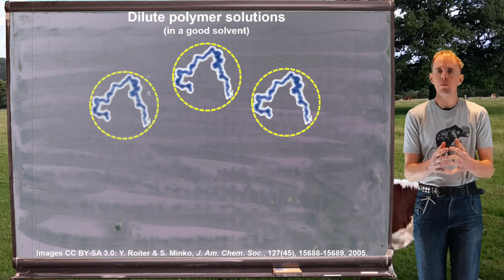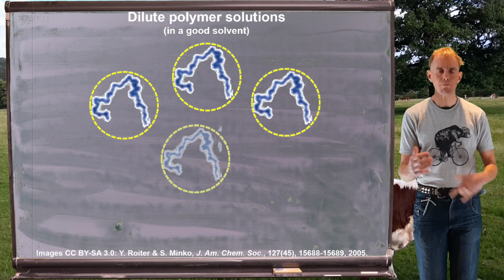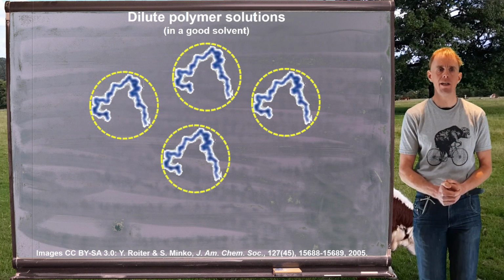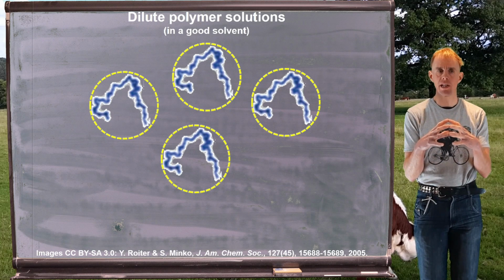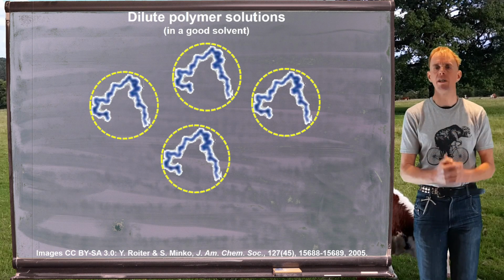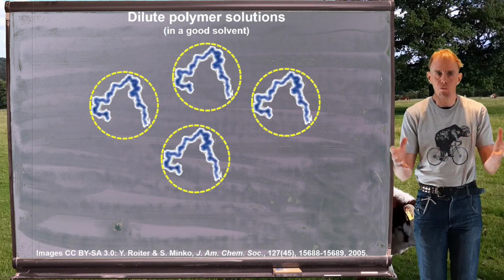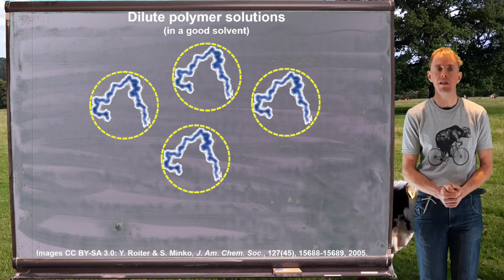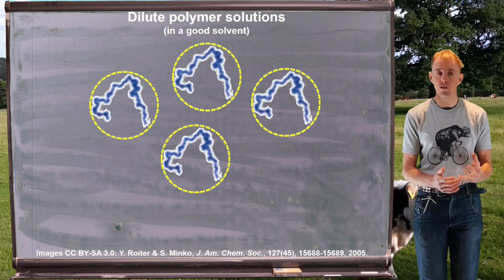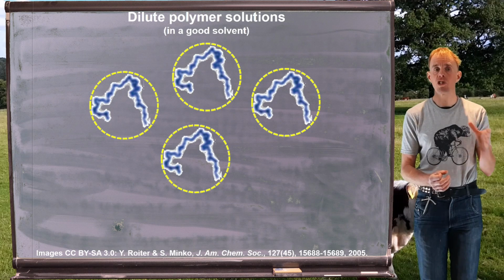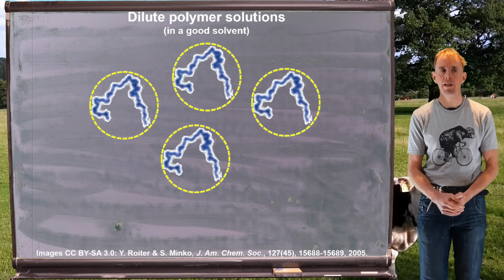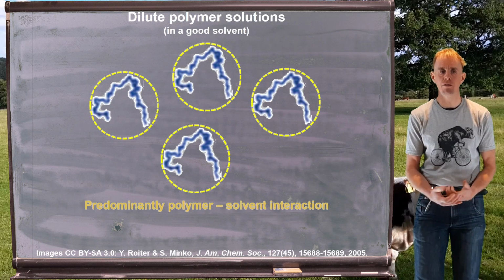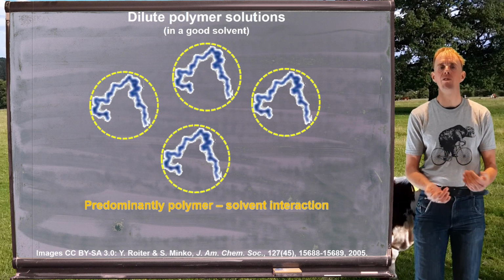You've got open conformation polymer chains because the monomers like the solvent, and if we draw a dotted circle around the polymer chain, we can define that, if you like, to be an extent of the space that chain is going to occupy. A dilute solution is where polymer chains are effectively non-overlapping with other polymer chains. You're essentially looking in the rheology at polymer-solvent interactions.